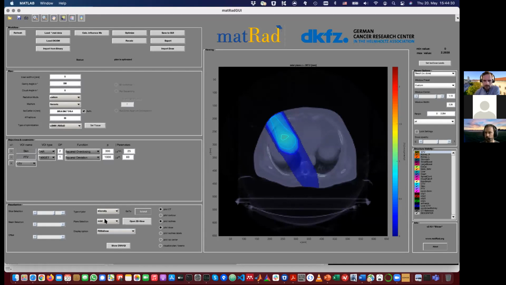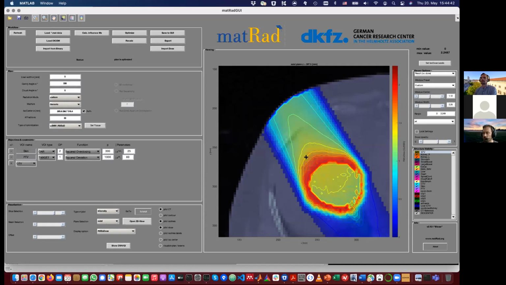So now I look at the RBE weighted dose, and I see that I am now underdosing my tumor, because the radiation became less effective. Before, when we switched to an alpha beta ratio of 10, we needed to apply more physical dose, which means we have a reduction in RBE to achieve a homogeneous dose of 2 gray.